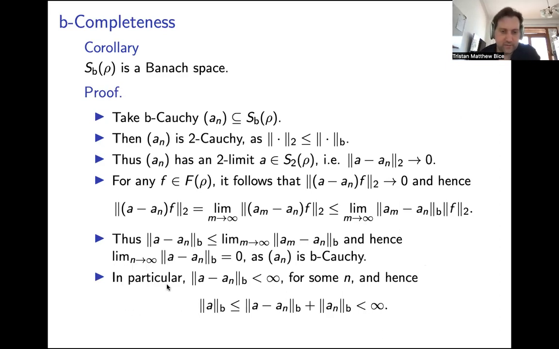And again, with this little observation like we had before, you can pick some arbitrary n such that this is finite, and use subadditivity to show that the B norm of A itself, the limit, is also going to be finite. So in the end, you found some element with finite B norm, which is a B limit of the original B Cauchy sequence a_n. So completeness, again, holds.